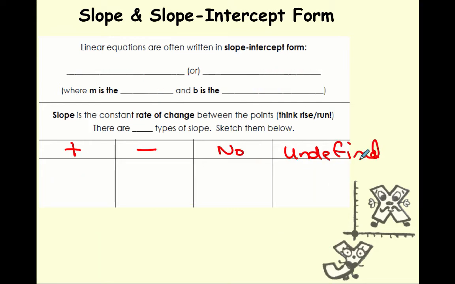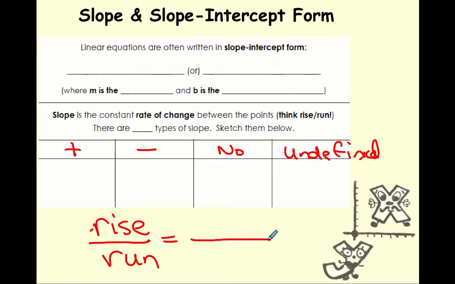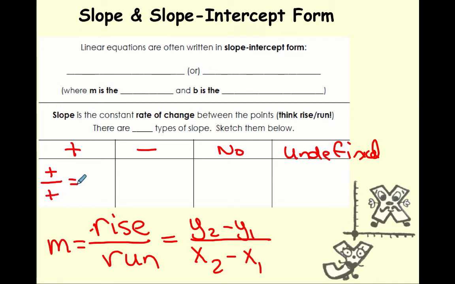Okay, just a couple extra things about slope. Remember, slope is a ratio of rise over run. It also can be written as change in y over change in x. So if we have a positive slope, it's because the rise and the run are both positive, or the rise and the run are both negative.